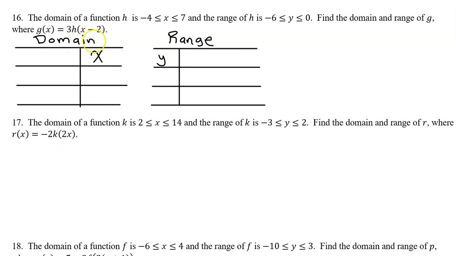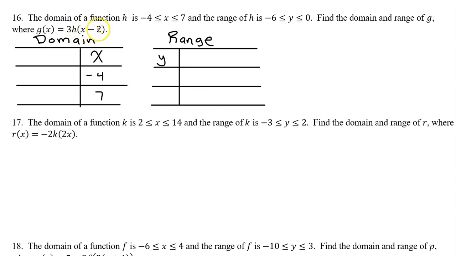The domain is the set of x values of a function, and the original endpoints of these x values are from -4 to 7. So looking at the transformations that affect x value, I observe this x minus 2, which is a horizontal translation of 2 units.